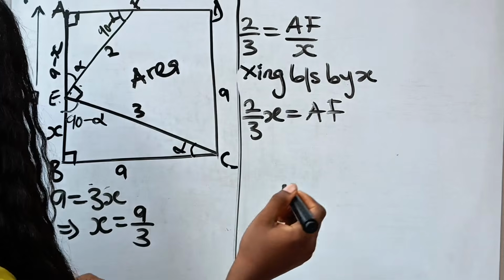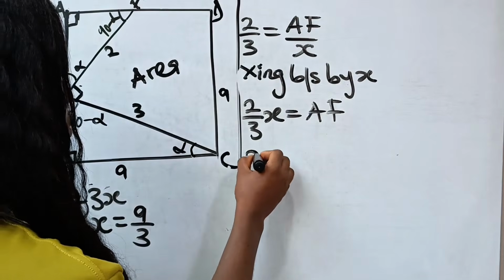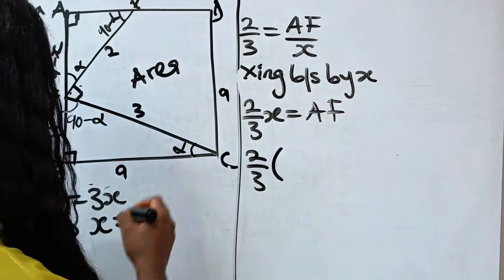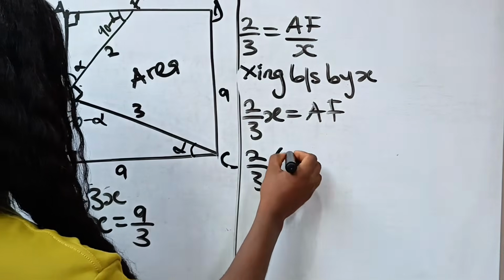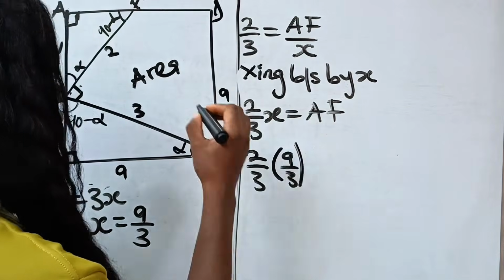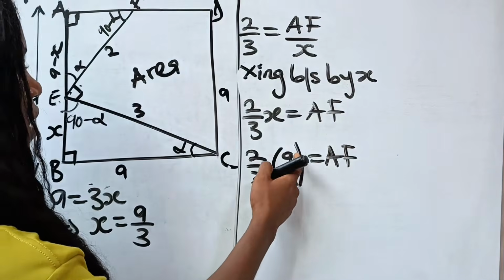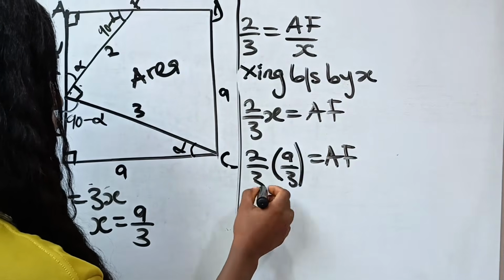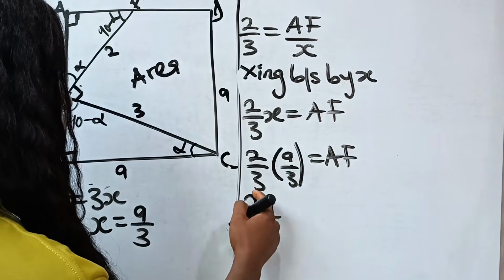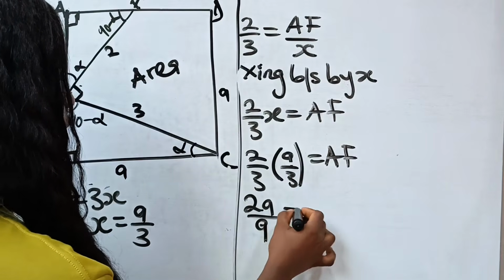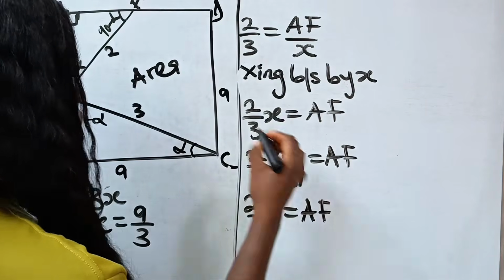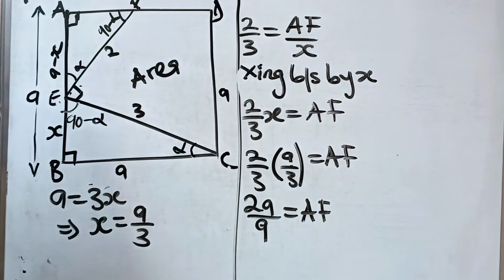So we now have 2 over 3 multiplied by A over 3, okay, is equal to AF. So 2 times A is 2A. So we have 2A over 3 times 3 is 9 is equal to AF.